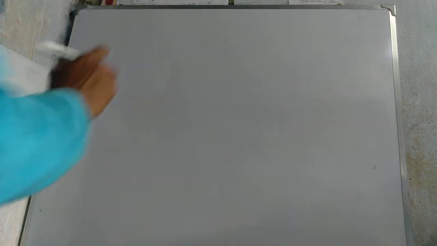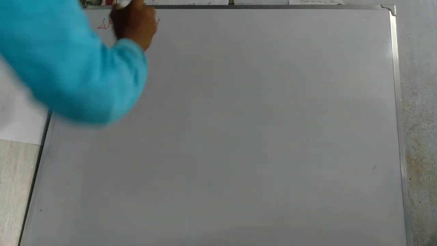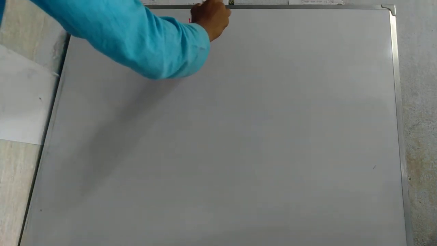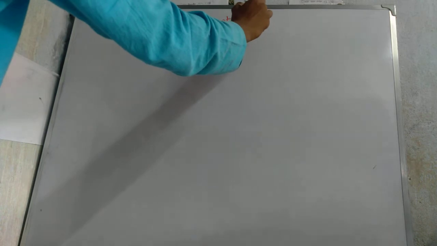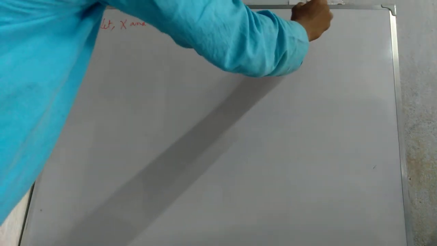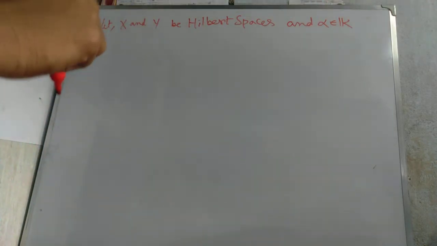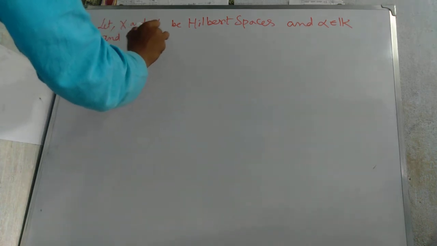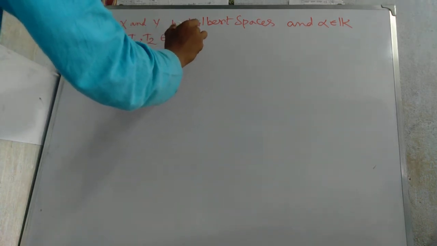Now here we write: let X and Y be Hilbert spaces, and alpha belongs to K, and T1, T2 belong to B(X,Y).